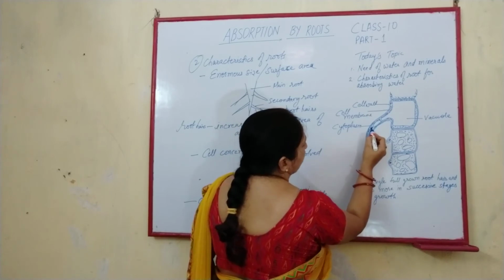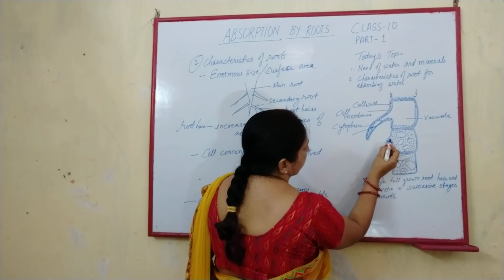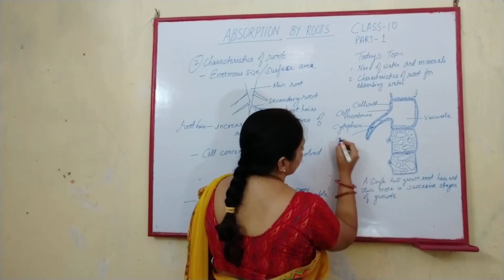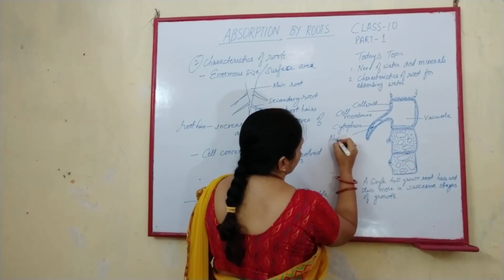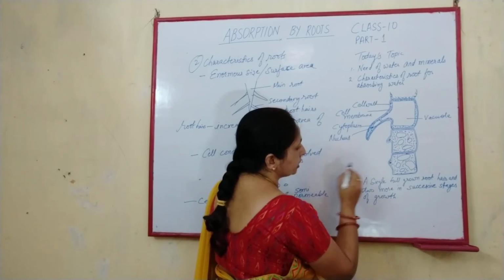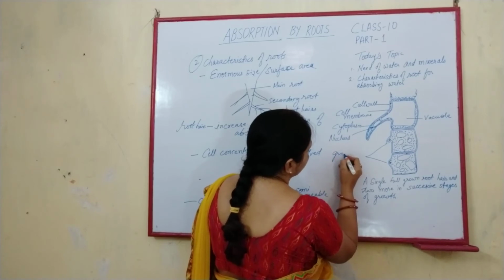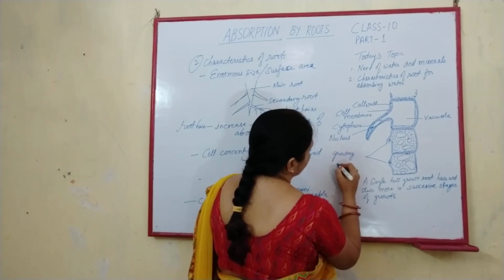Then this bold dot-like structure is the nucleus. Here also a nucleus is present. These two areas where the nucleus is present are the growing root hairs.